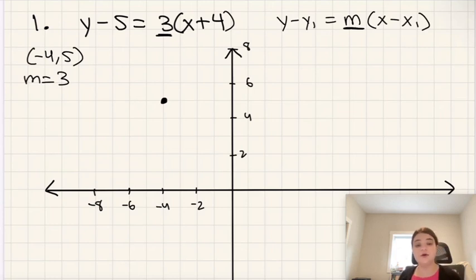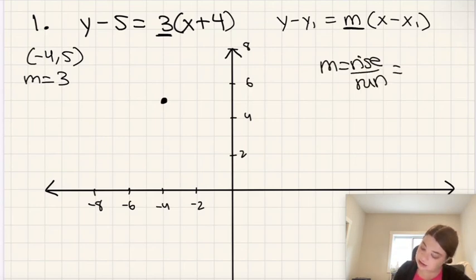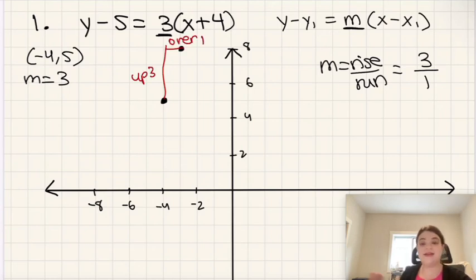Because recall that slope is the same as rise over run. And in this case, the slope is 3. That means the rise is 3, the run is 1. So we're going to go up 3 and over 1, like that, to find our next point.